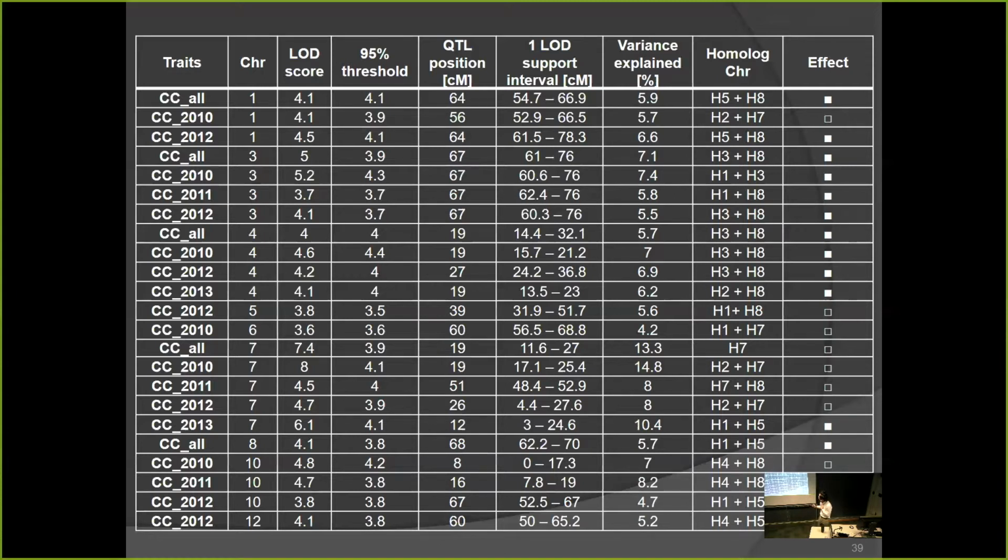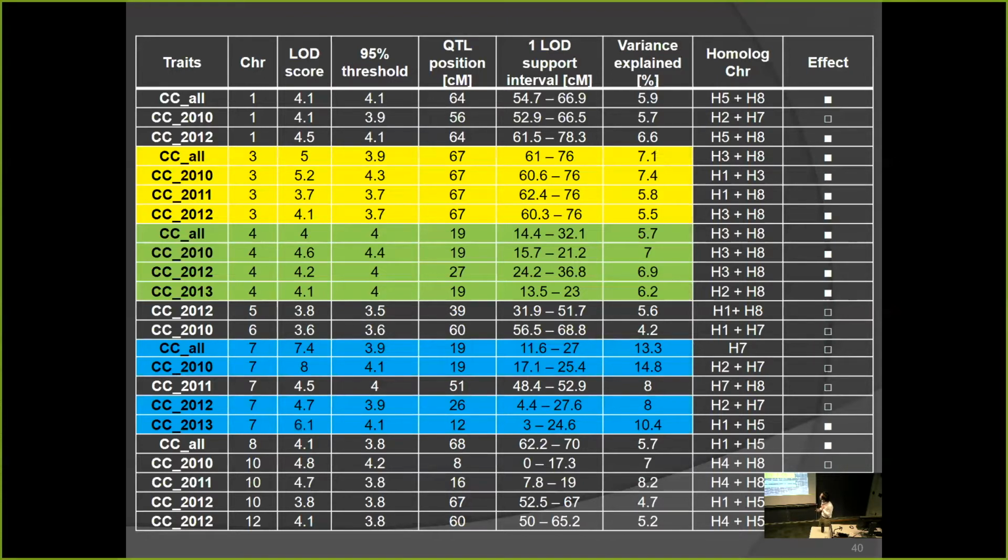So from this table, first of all, I could find significant QTL on chromosomes 1, 3, 4, 5, 6, 7, 8, 10, and 12. There are a lot. And interestingly, chromosomes 3, 4, and 7 show QTL peaks which consistently appeared at the same position or a very close position.